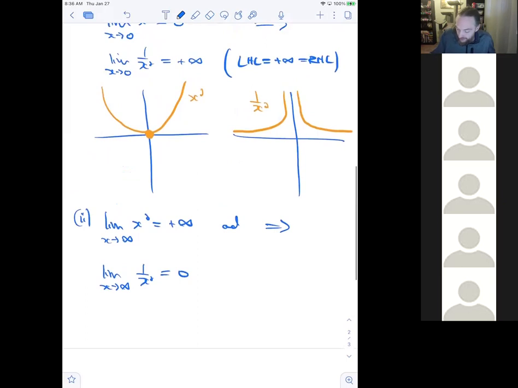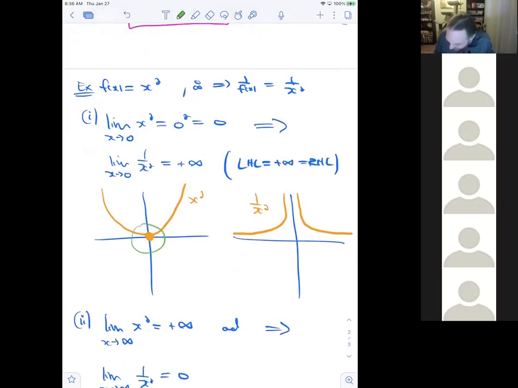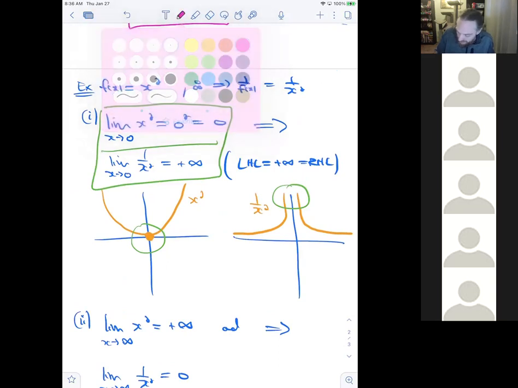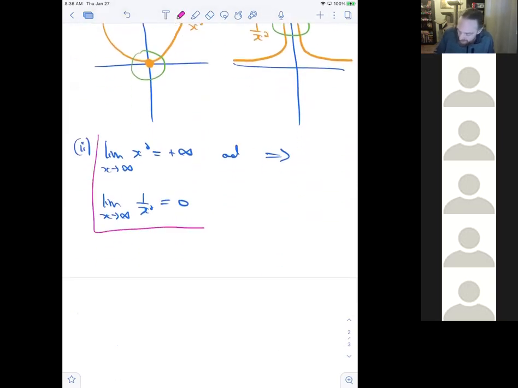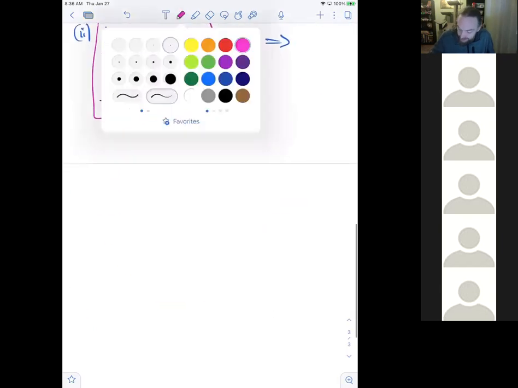This is happening for the green ones. What we're talking about is near 0. That's these 2 limits. And for the pink ones, these 2 limits are describing this scenario. So this is useful to know. 1 over f goes to 0 if f goes to infinity, and if f goes to 0, 1 over f is going to go to infinity.